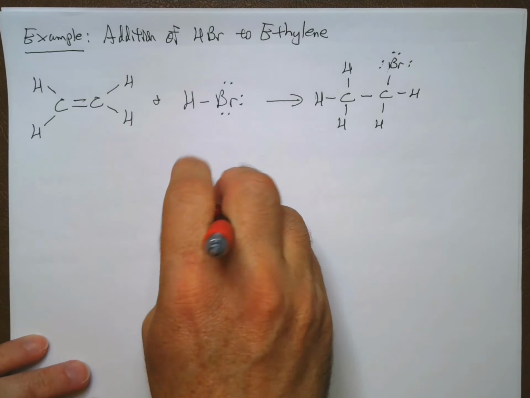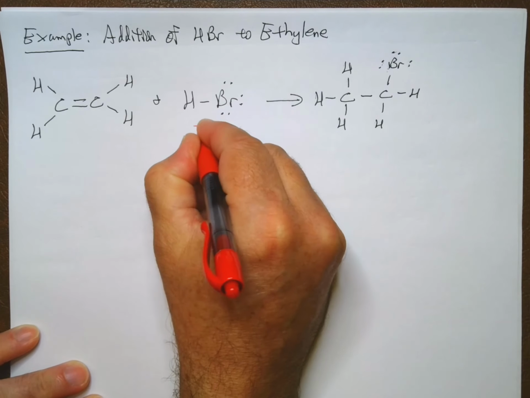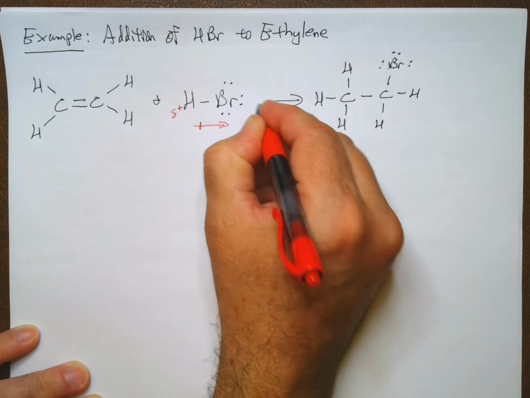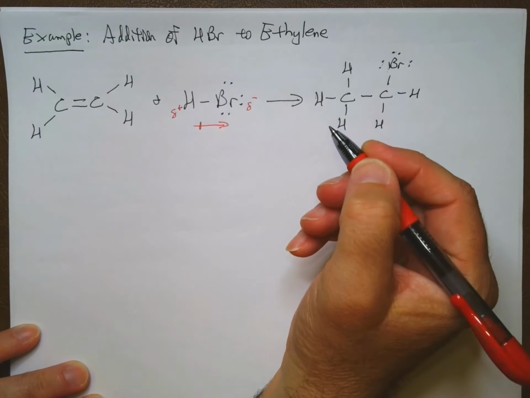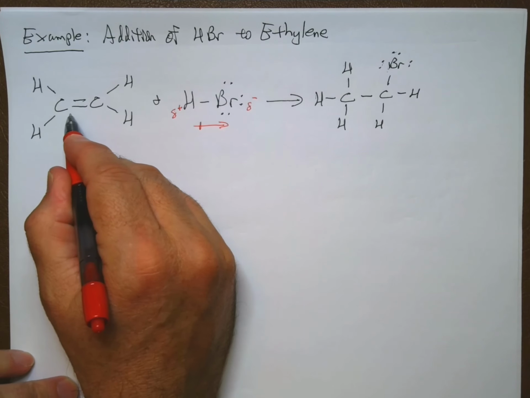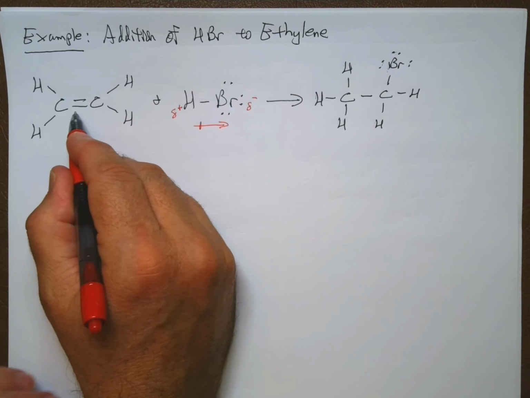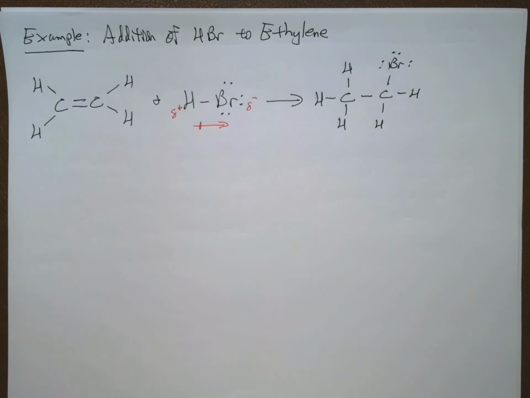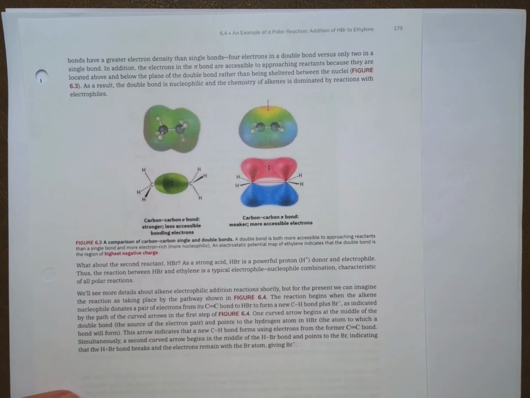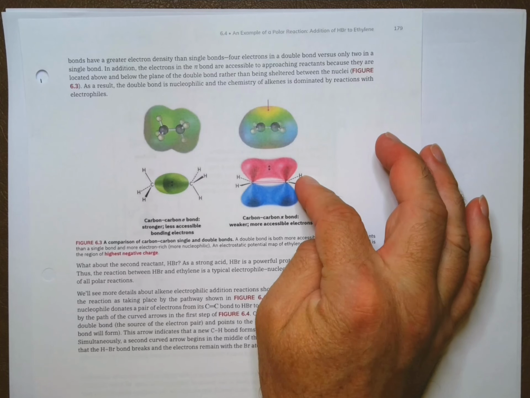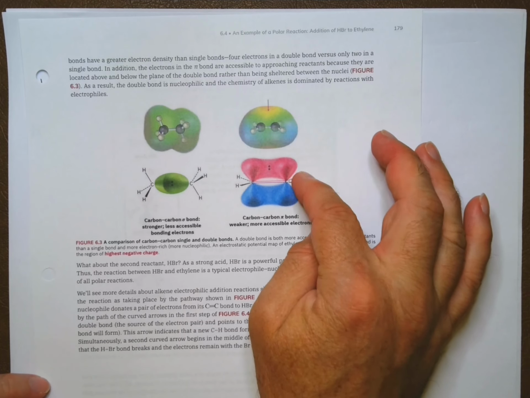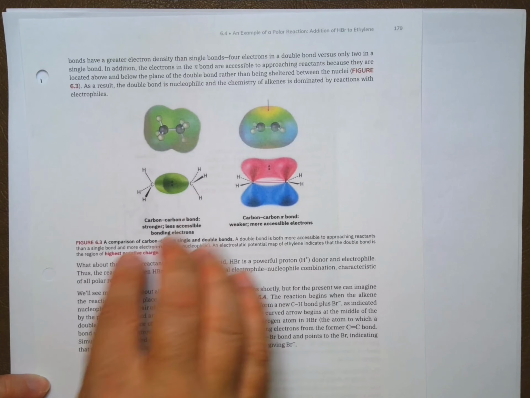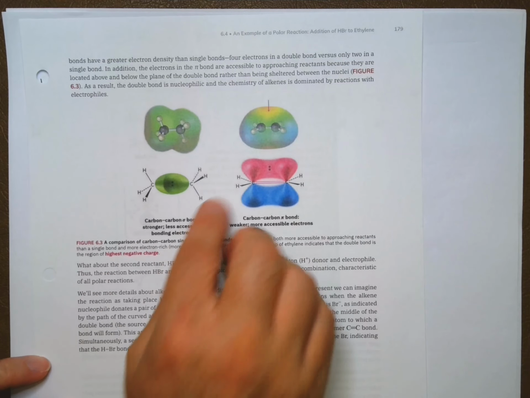I could draw delta plus, delta minus. Now, my ethylene is not polar, but I have extra electron density. I talked about that because double bonds, alkenes, can be Lewis bases. They can be nucleophiles. And so figure 6.3 shows that.